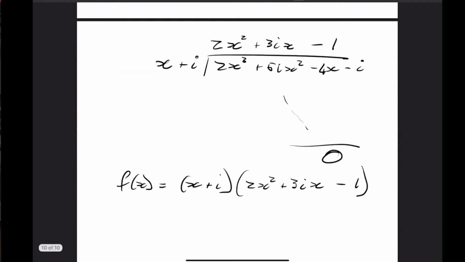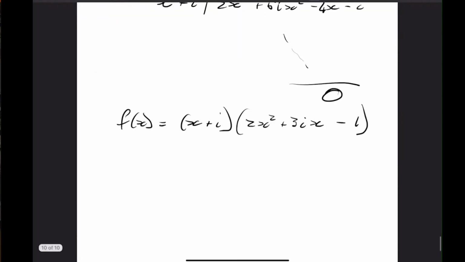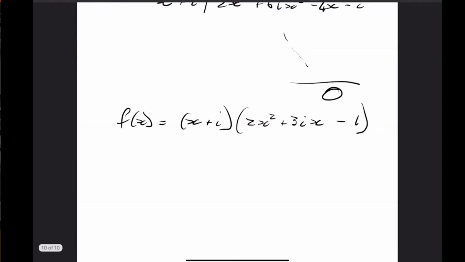Okay. So now we still need to factorize this quadratic. But notice here this quadratic also has a complex coefficient in there. So the best way to factorize a quadratic that has a complex coefficient in one of its coefficients is to complete the square.